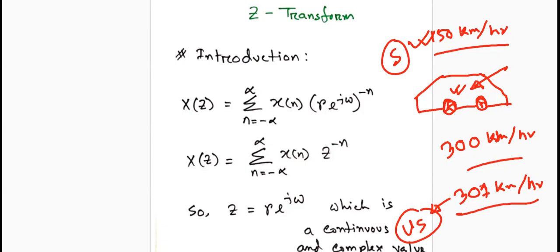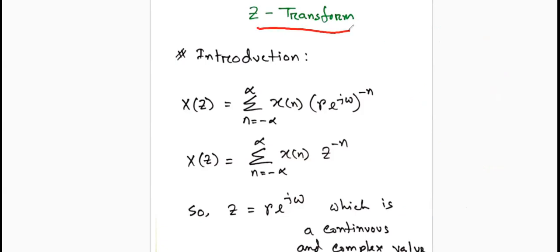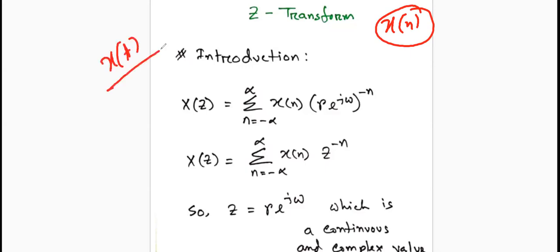So here the Z transform actually gives us the essence of the stability of a discrete system. This is important. To find out the stability of an analog system, a continuous time system like x(t), what is the tool? Could you please mention the name of the tool?